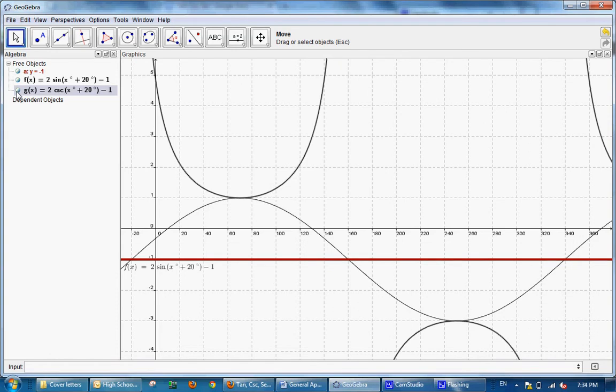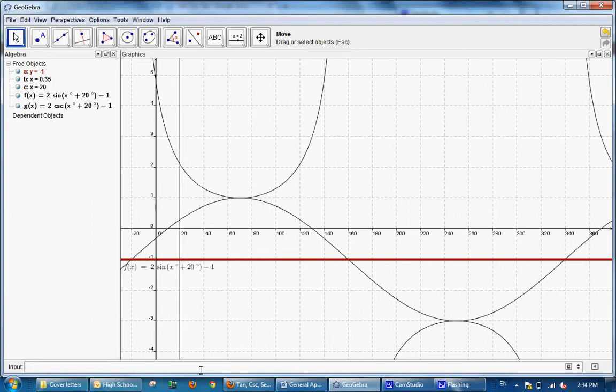What we'll see here is our asymptotes follow up and down from where this is. So it would be x equals 20, right? Let's try that again. X equals 20, enter.